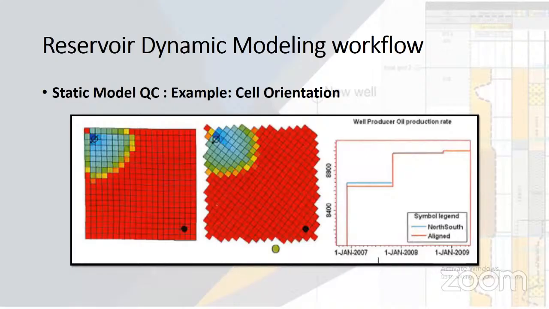Because if the cell orientation is not the same as the flow direction, it will lead to pushing additional flow or additional fluid towards the production wells.